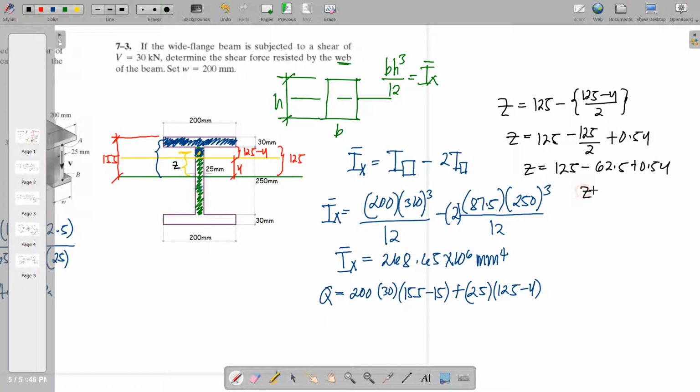So finally z, we just combine that one, we have 62.5 plus 0.5 of y. So this term will now be multiplied as the distance of the center of this web rectangle up to the neutral axis. So just copy this, 62.5 plus 0.5 of y.